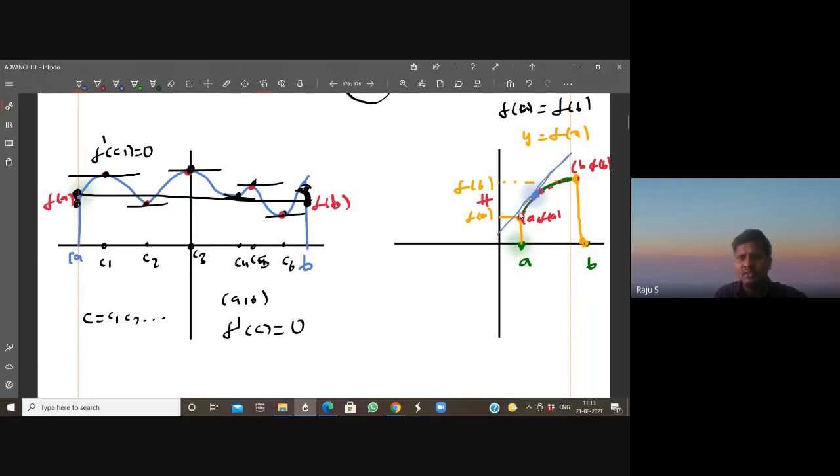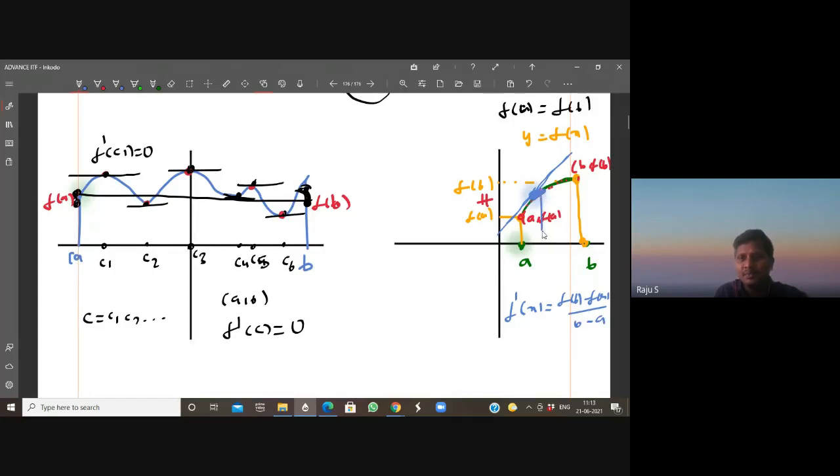Is it parallel to the x-axis? No, it is not parallel to the x-axis, so the slope should not be 0. Then what is the slope here? We are going to get f dash of x as f of b minus f of a by b minus a.